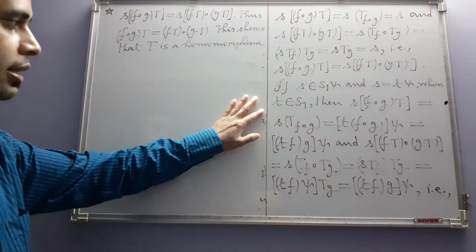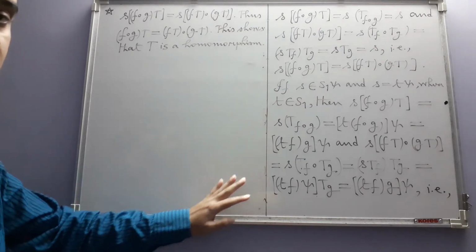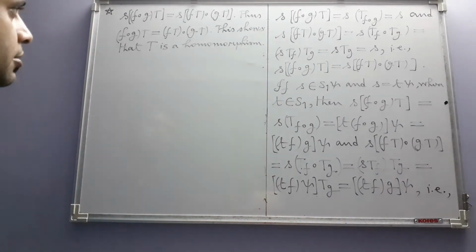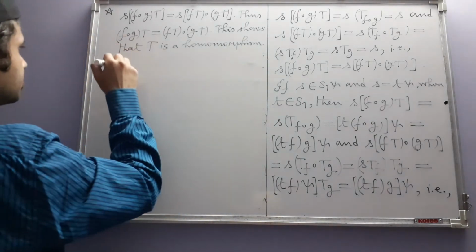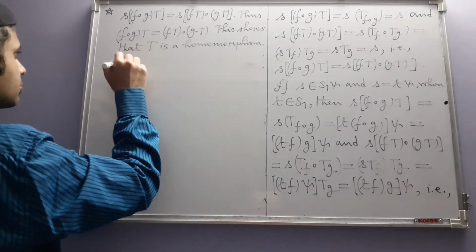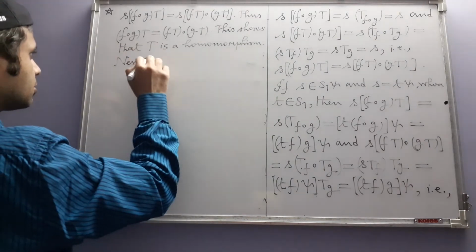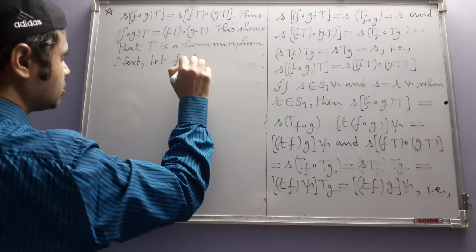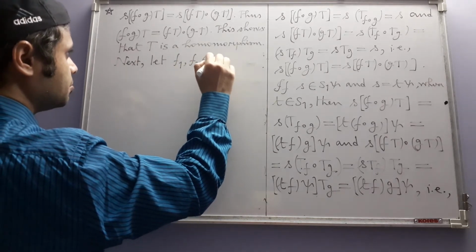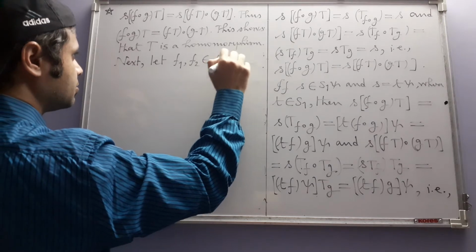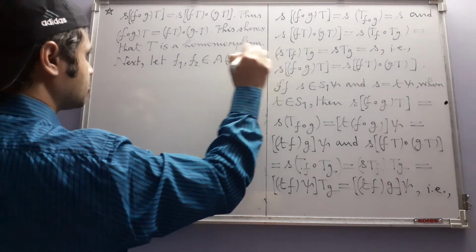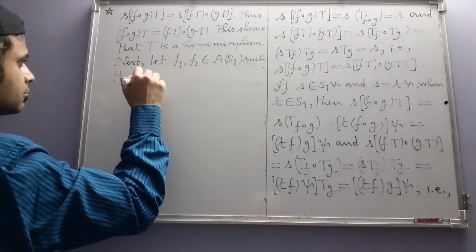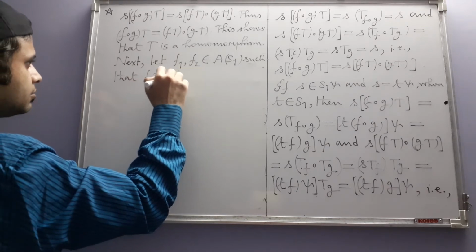Now we need to show that T is an isomorphism. I mean, we are looking for an isomorphism from AS1 to AS2, and this is our candidate. So next, let F1 and F2 be two elements in AS1 such that their T images are equal.